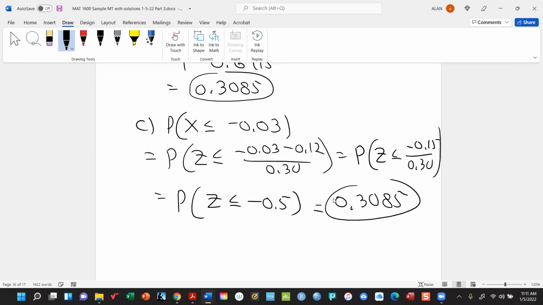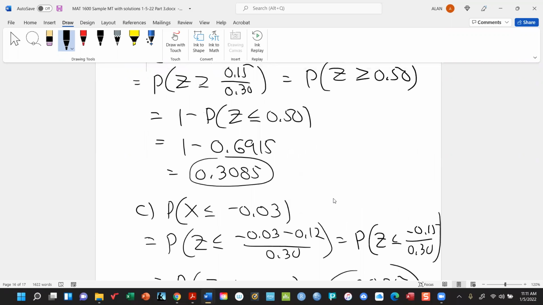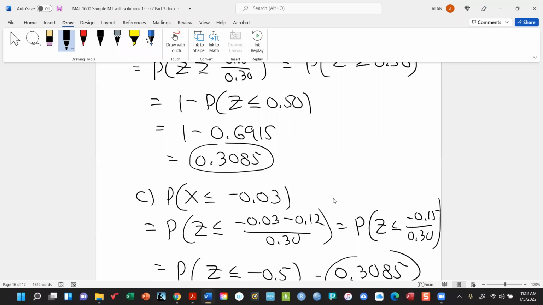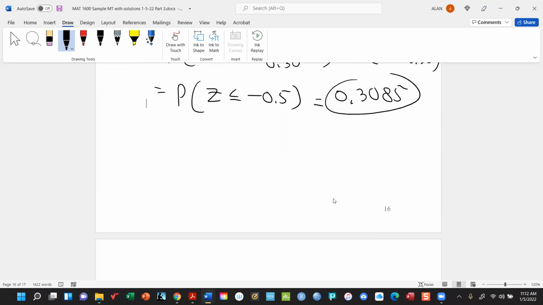By the way, if you notice, it's the same as this one, because look at what we're being asked to do. Greater than 0.5, less than negative 0.5. Let me just show you a little picture to show you why these turned out to be the same number.